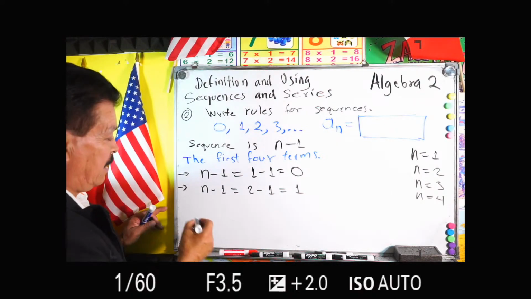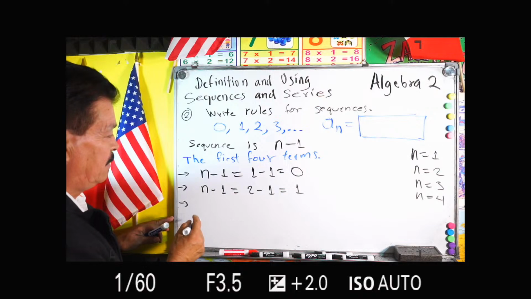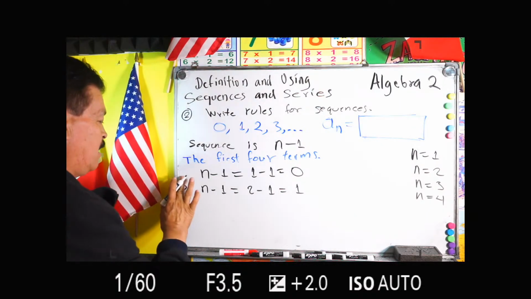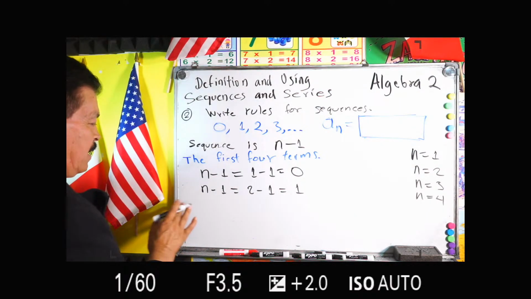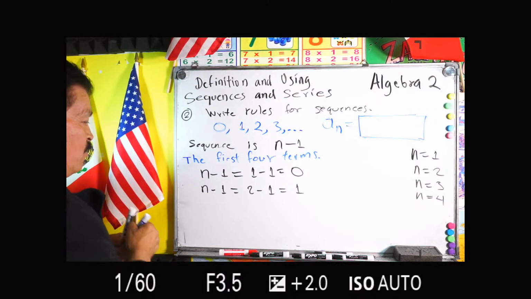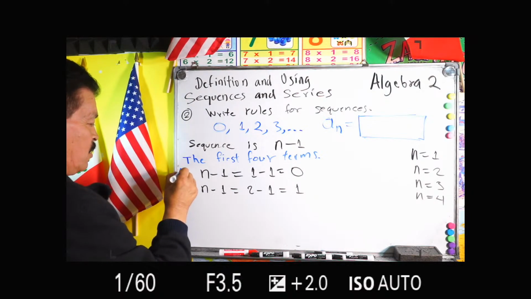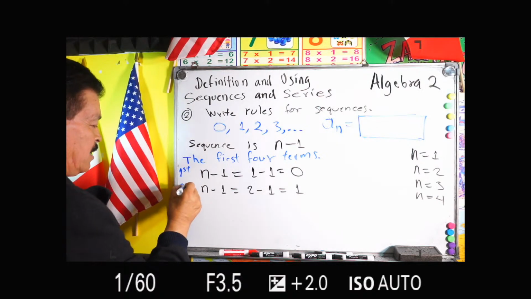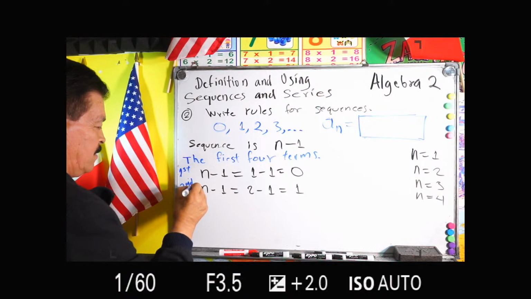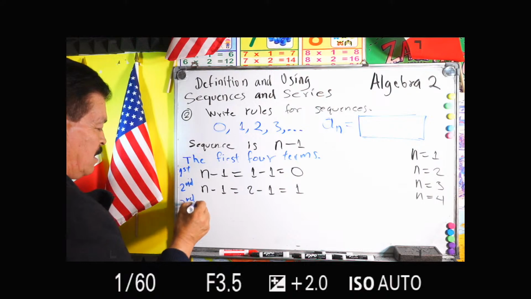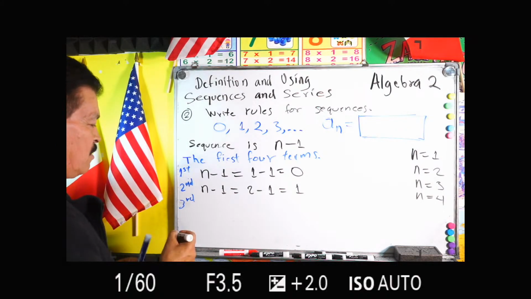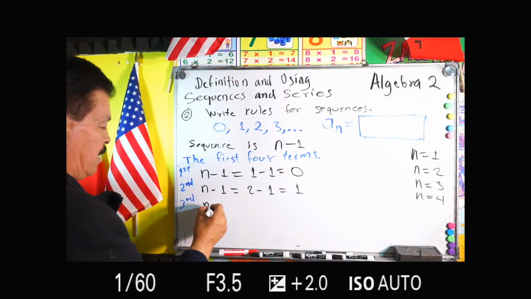The next one, the third one. Actually, let me write something here. First, second, and then third. Let's write n minus 1.